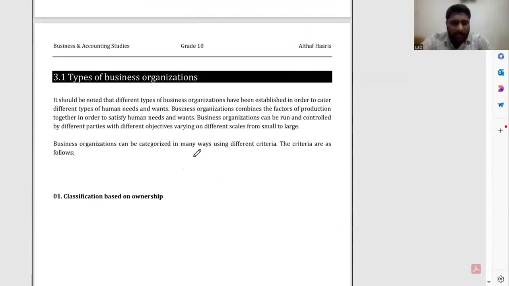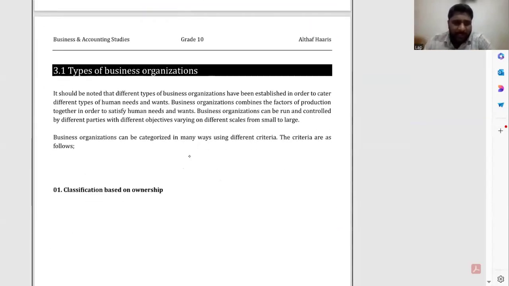So here you all can write down: business organizations can be categorized in many ways using different criteria. The criteria are as follows. Write down, based on ownership.